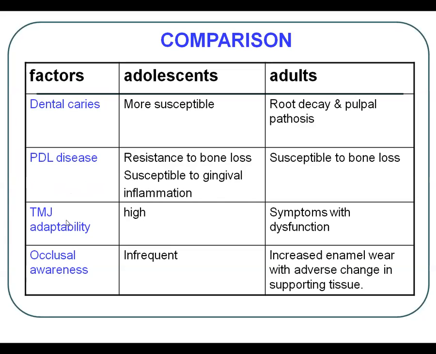TMJ adaptability is high in adolescents, meaning any TMJ disorders can be corrected in adolescents, but in adults there are symptoms with dysfunctions. There may be some symptoms with TMJ disorders. Occlusal awareness is infrequent, less common, whereas in adults there is increased enamel wear with adverse changes in supporting tissue.